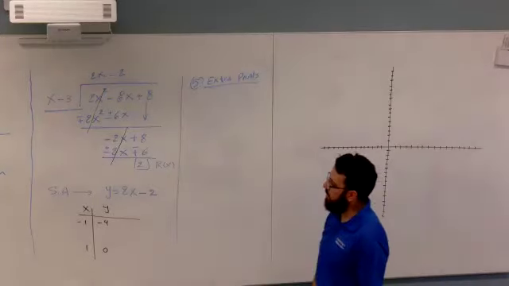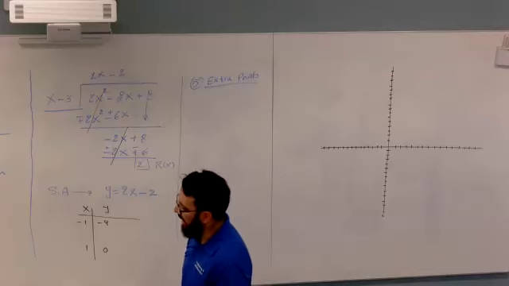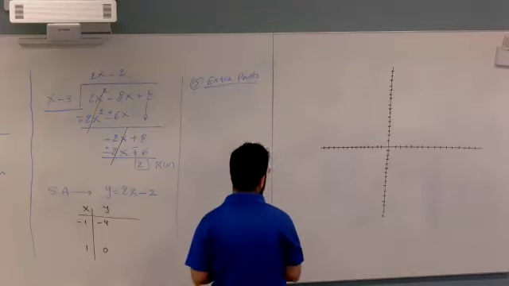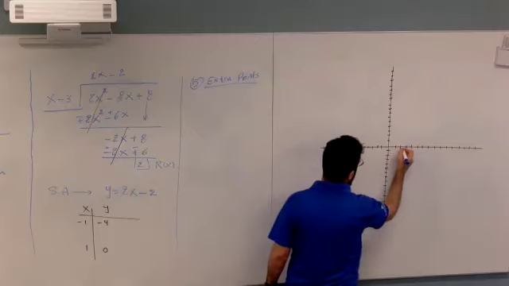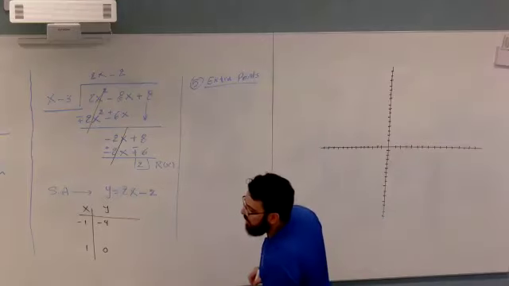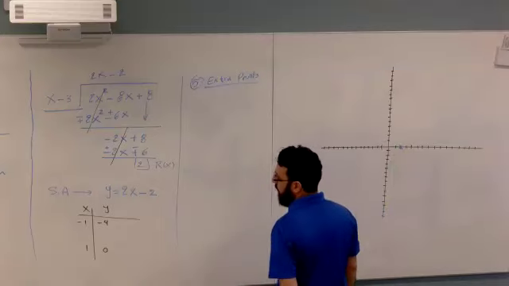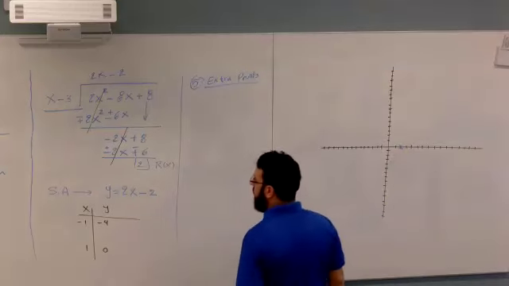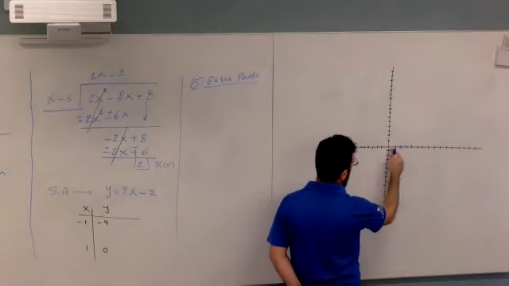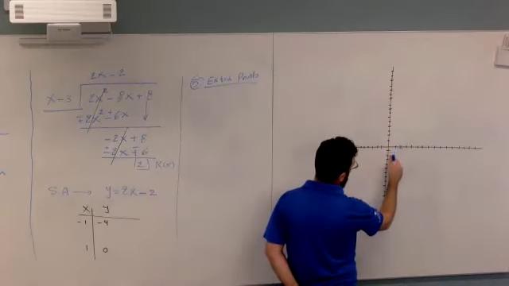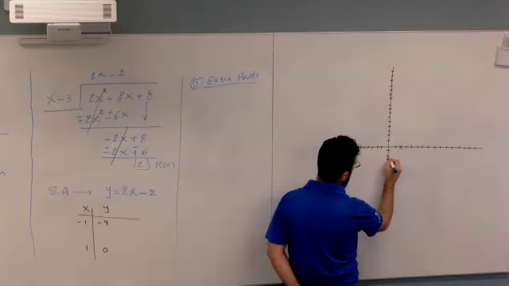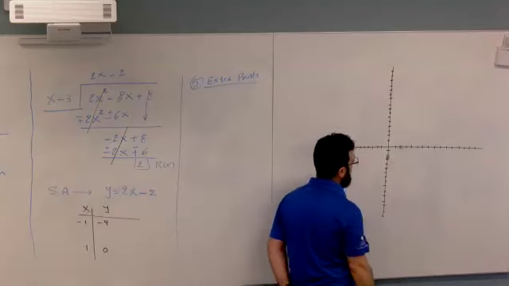Let's put the points. We have 2, 0 as an x-intercept. 2 or negative 2? 2. The x-intercept. And the y-intercept is 0, negative 2.6. So 0, negative 2.6 in the middle. What else do we have?